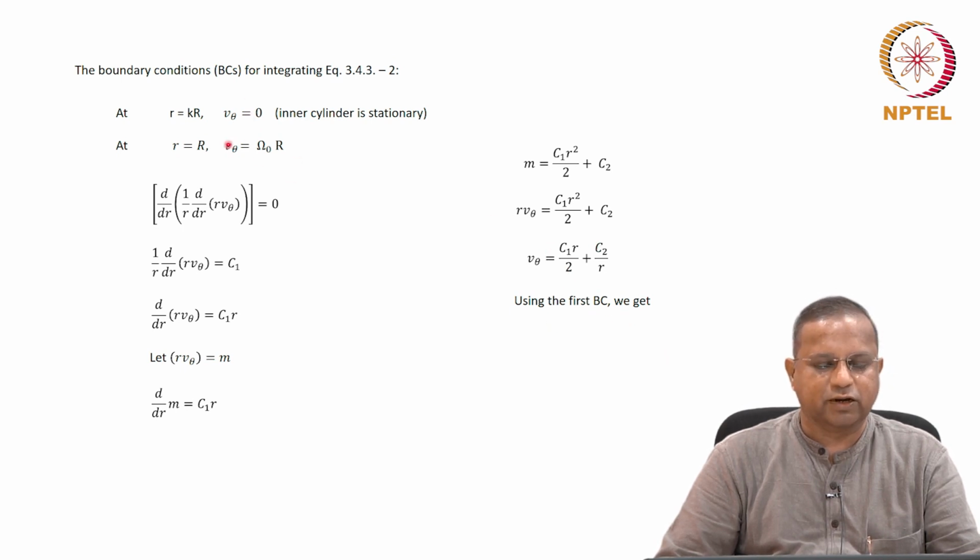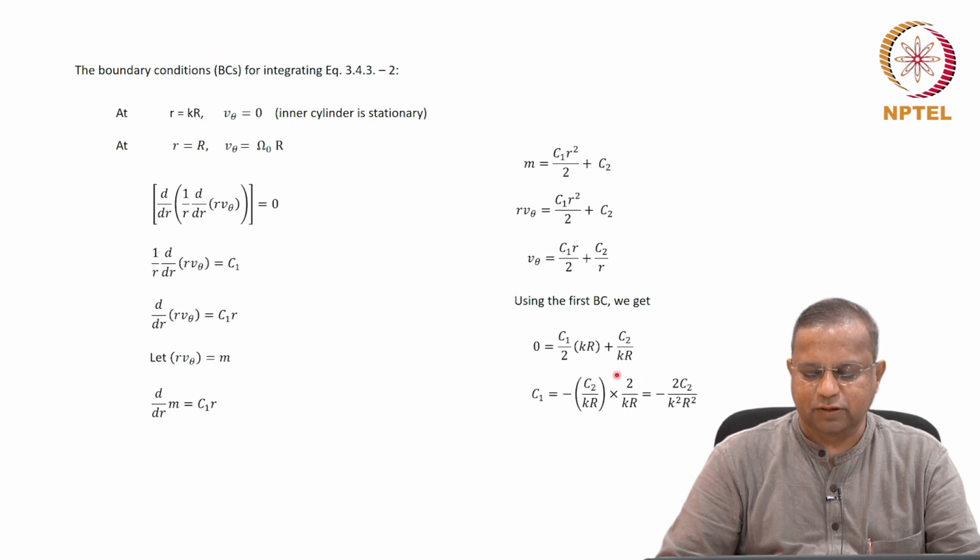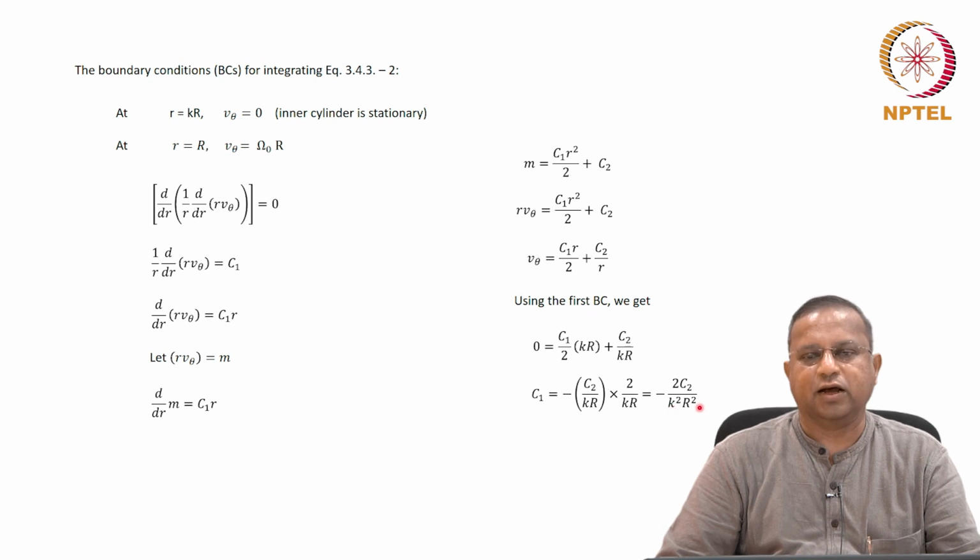If you use the first boundary condition, we get r equals kr, v theta is 0. So we get 0 equals C1 by 2 kr plus C2 by kr. And therefore, C1 is nothing but minus 2 C2 by k squared r squared. So we have a value for C1, we can substitute this here, use the second boundary condition to get C2.